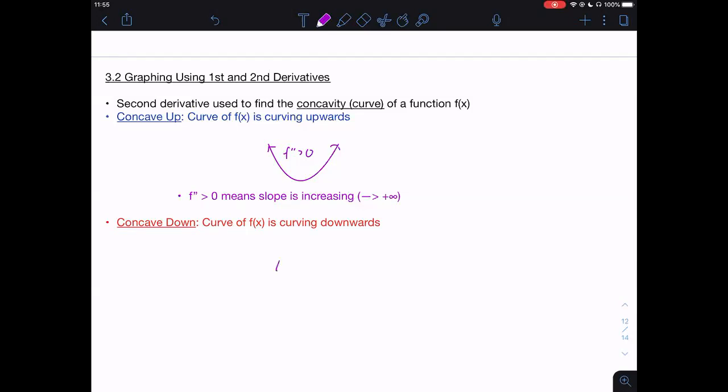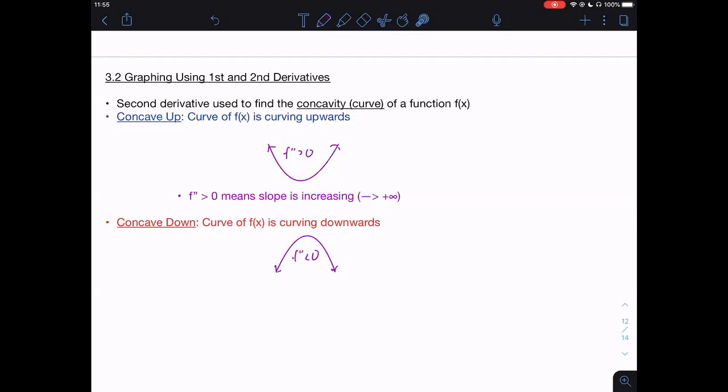And when we have an upside down type of parabola shape, our second derivative at any point along this type of curve is going to be negative.